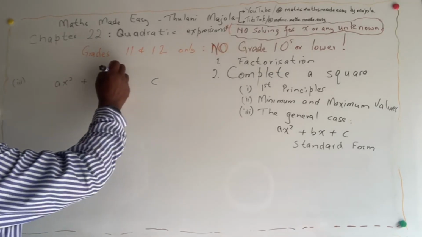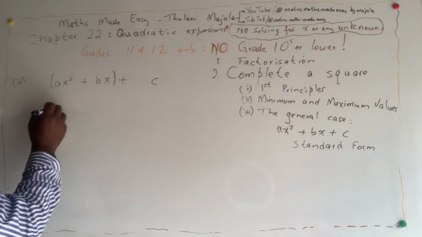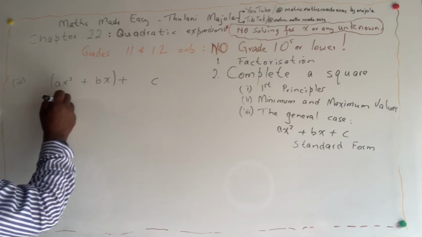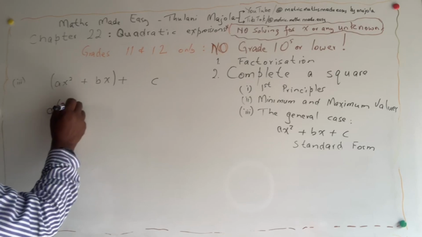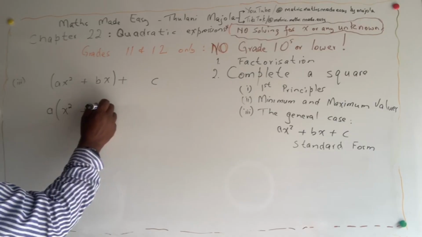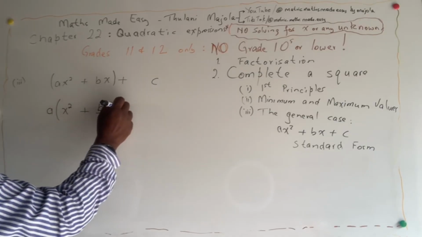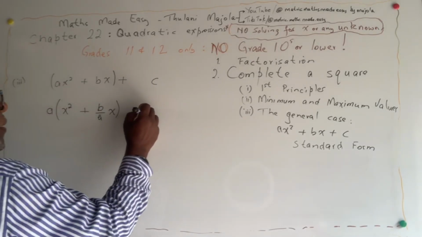You group the terms with x, and then you make the coefficient of x squared equal to 1. So a, and then here we have to divide by a, so that you don't change the form, plus c.